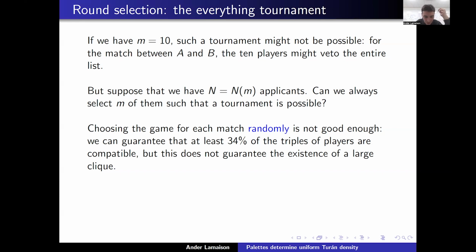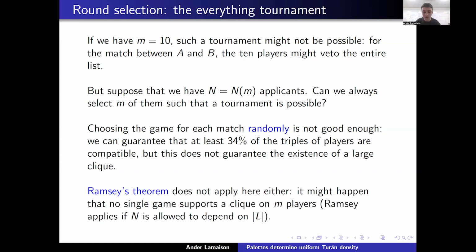On the other hand, it's also not a Ramsey problem, because it may happen that there's no single game in your list that allows you to build a tournament out of them. If you could allow the number of applicants to depend on the number of games in your list, then yes, that would be possible. But if the list is allowed to grow to infinity, then Ramsey does not work.